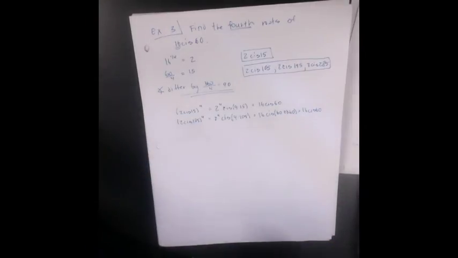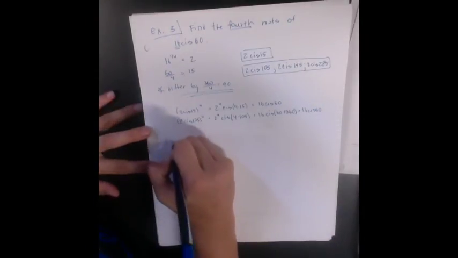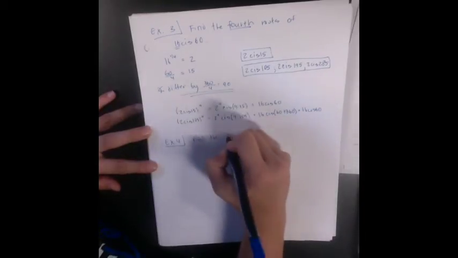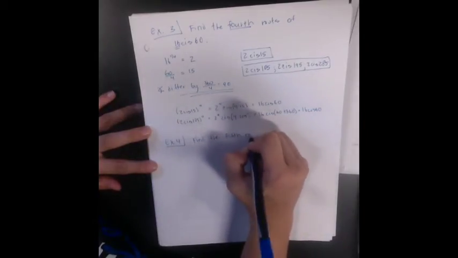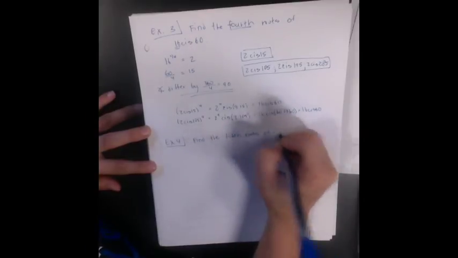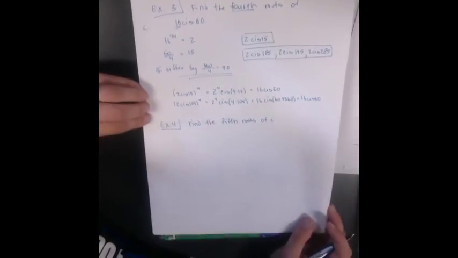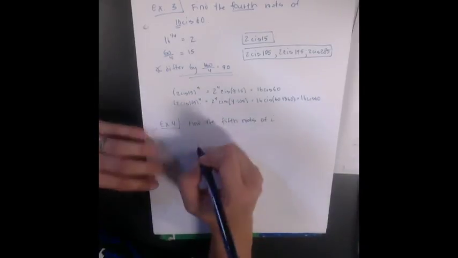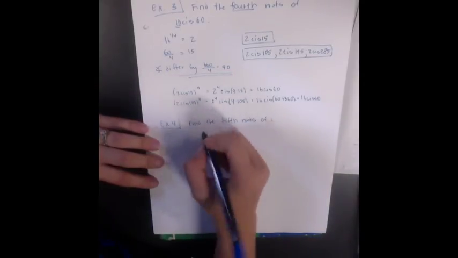Okay, let's do another example. Find the fifth roots of i. Now we first have to write this in polar form.